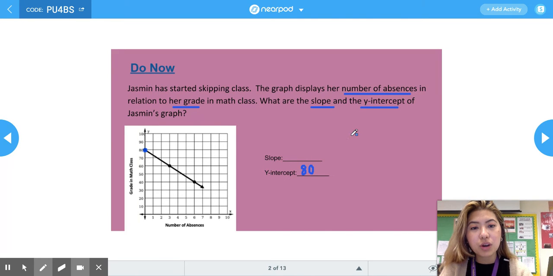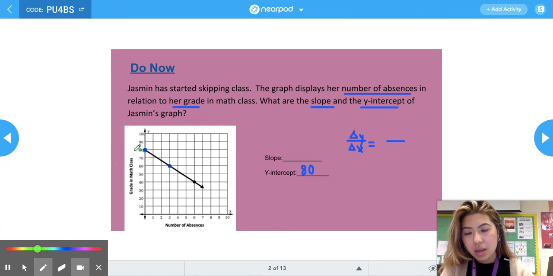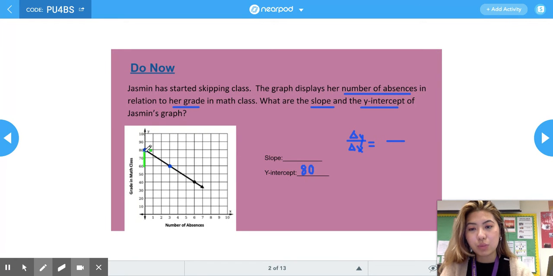And to figure out our slope, we're finding our change in y over our change in x. Starting with our change in y, our y-intercept is going to be one of the points that we're using to identify the slope. And then I'm going to choose this second point right here. I'm finding the distance that we went either up or down.